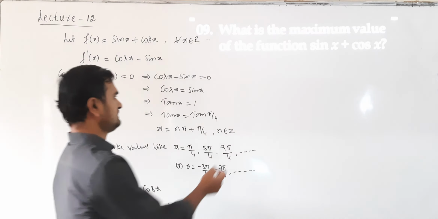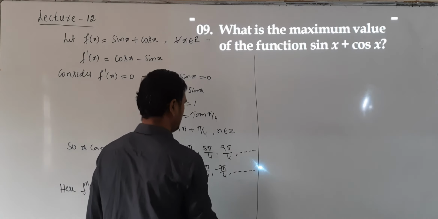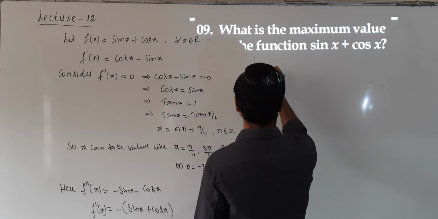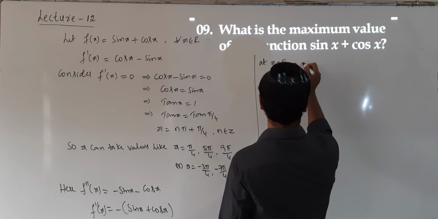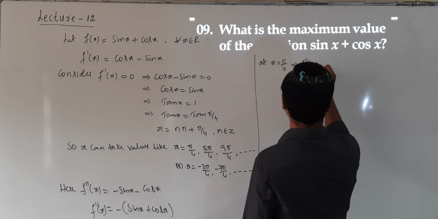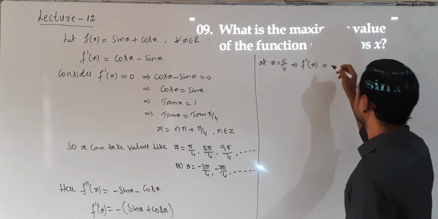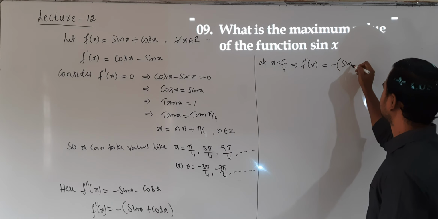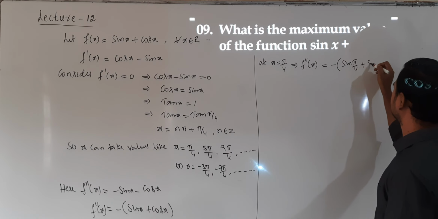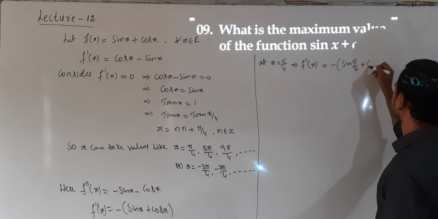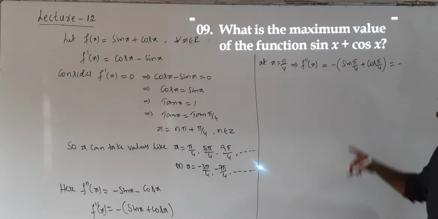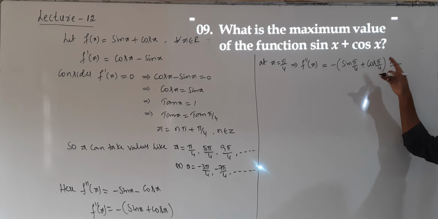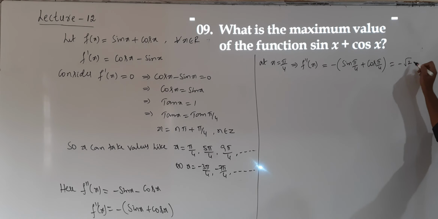Now let us find the sign of the second derivative at these critical points. At x equal to pi by 4, f double dash x is minus of sin pi by 4 plus cos pi by 4, which is minus 1 by root 2 minus 1 by root 2, minus 2 by root 2, which is minus root 2.